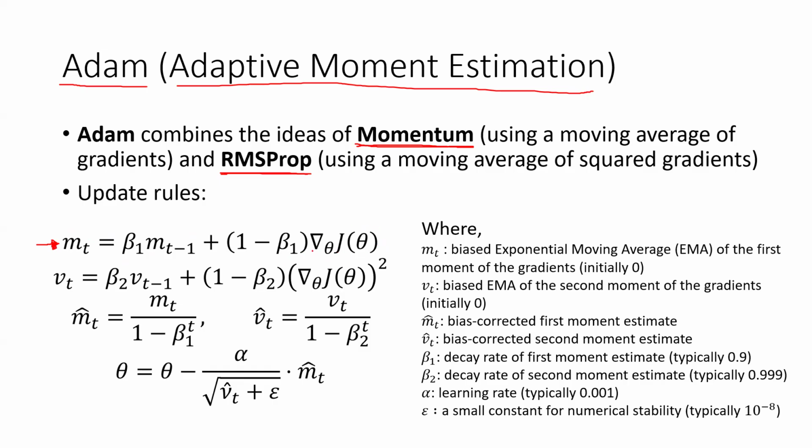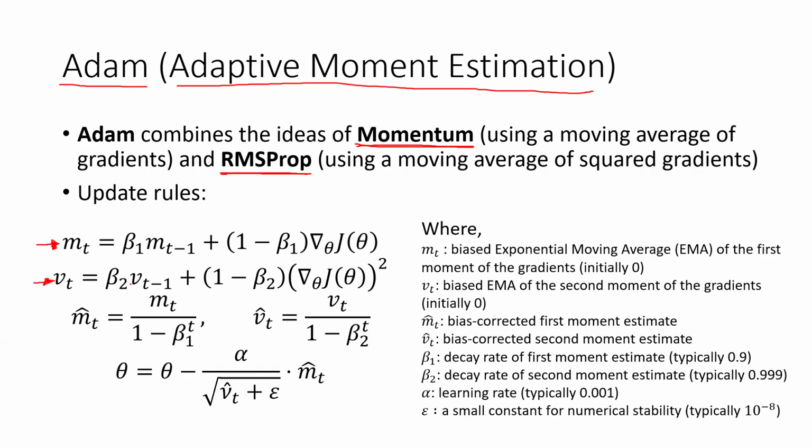Similarly, you are calculating another term known as the second moment of the gradients. We take the squares of the gradients, and then we take the moving averages of these, similar to RMSprop, right? In that case, we have to use another hyperparameter known as beta 2.